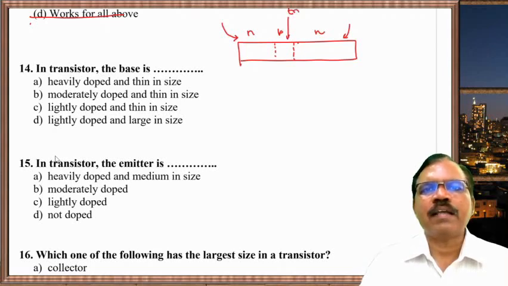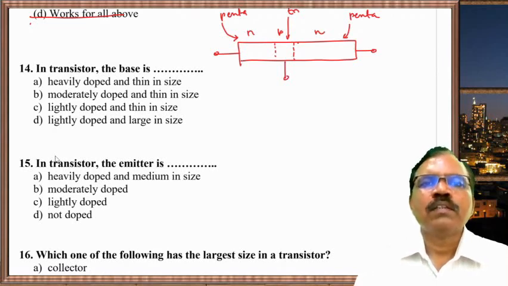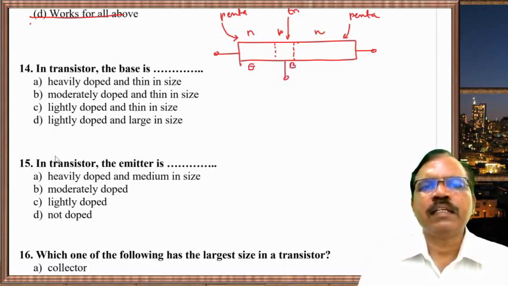Here tri, penta, penta, and 3 terminals are taken out. This region is called emitter, this middle region is called base, and this region is called collector.